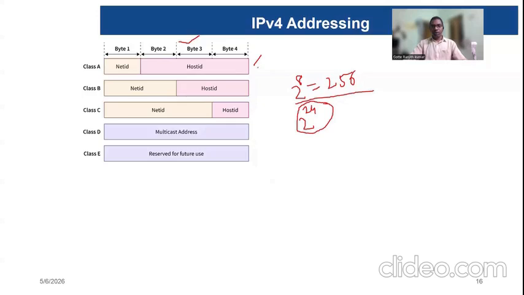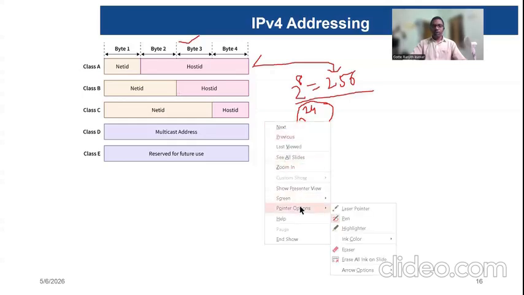That means if we are using class A, the total is 256 networks, and in each network 2 power 24 systems can be connected. That is the meaning of network ID and host ID. Network ID is used to identify the network, and host ID is used to identify a particular host in that network.